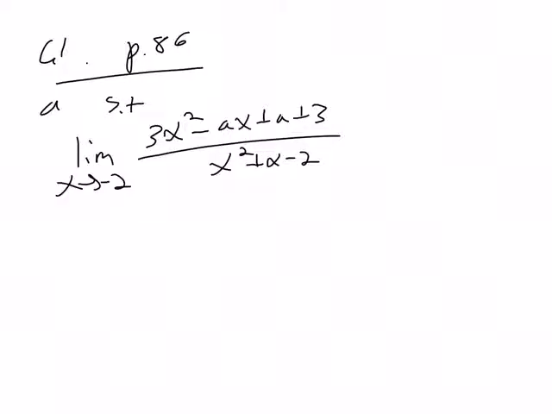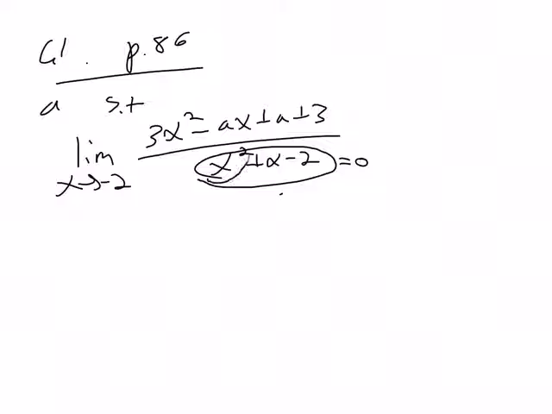Well, if you look at the denominator and you plug in negative 2, you get that this is going to be 0. So the only way for this limit to exist, as we approach 0, the denominator is going to be either negative or positive.